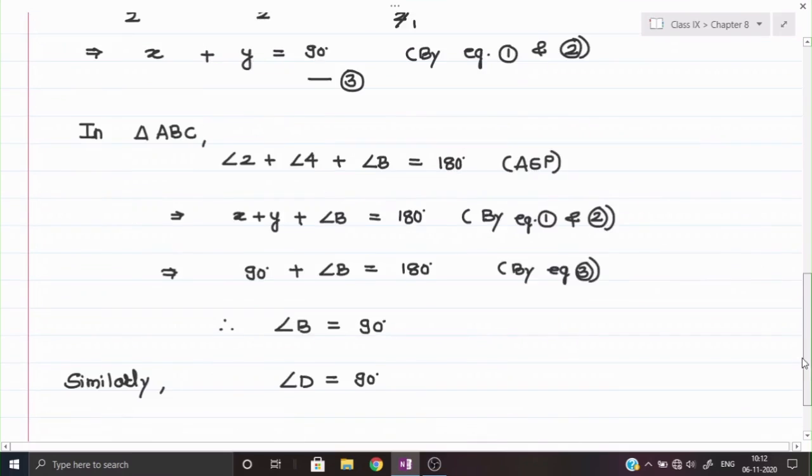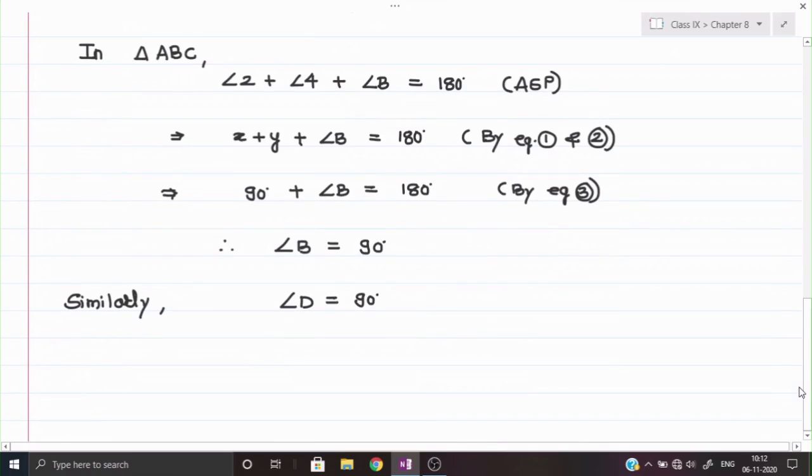So here further we shall write down, since AD is the bisector of interior angle. Name we will see which interior angle we are talking about.